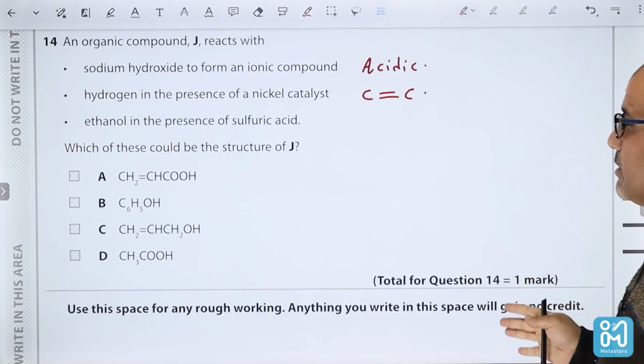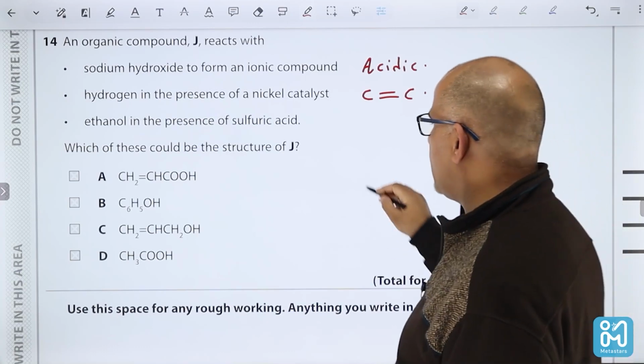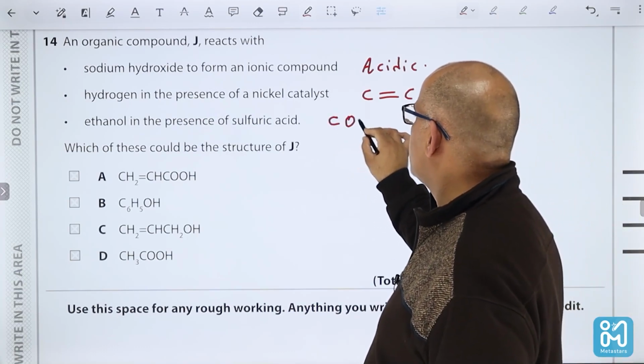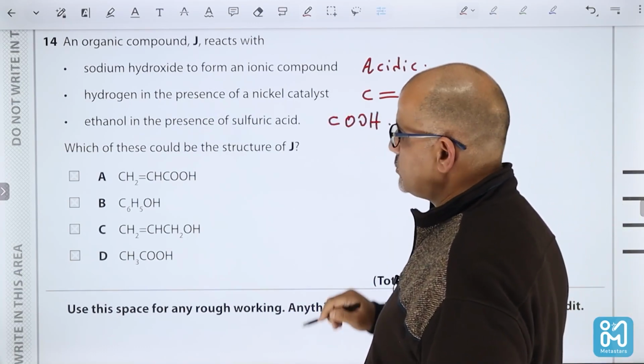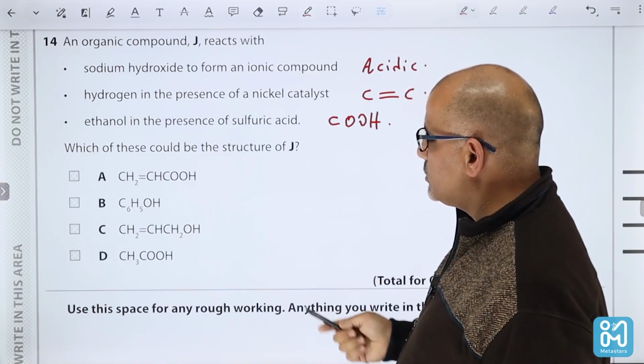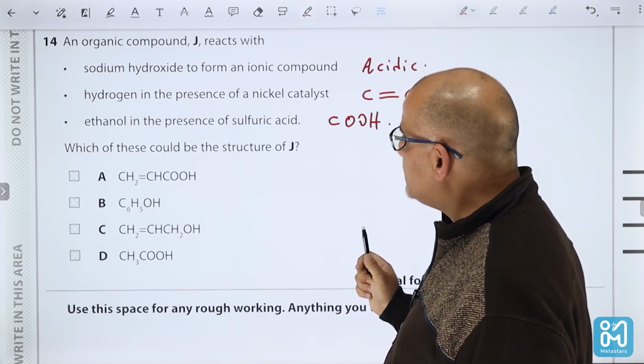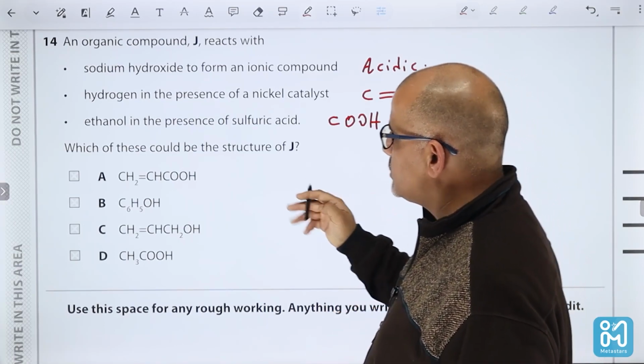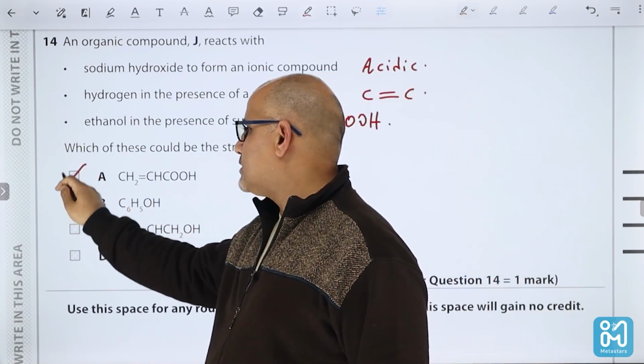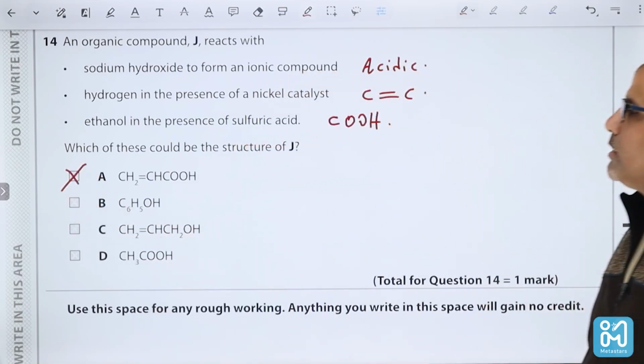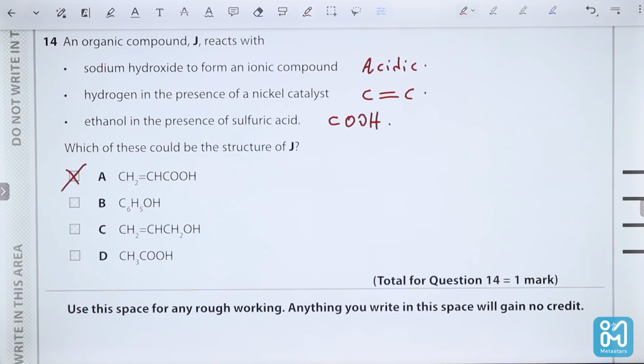Maybe it has a carboxylic acid group, so it will contain this. The compound which contains all these properties is A. So A is the correct answer.